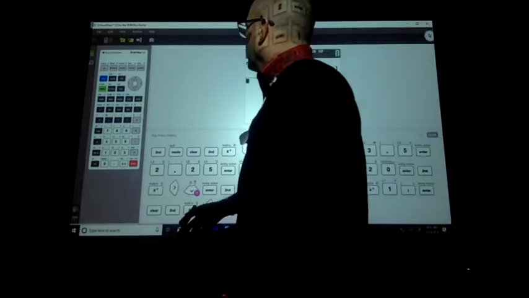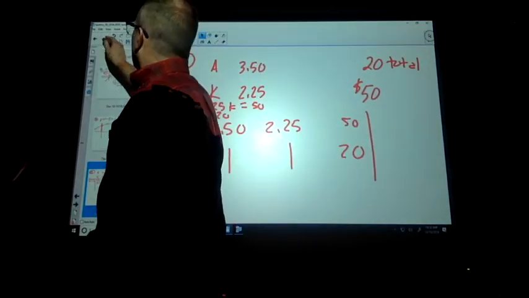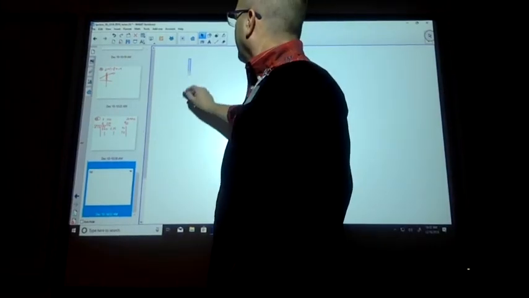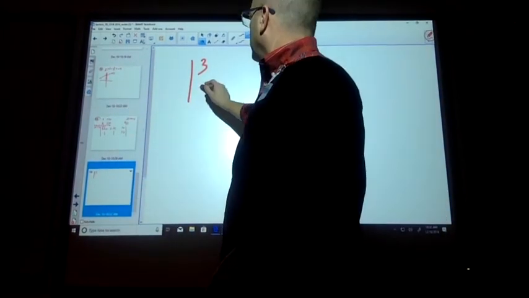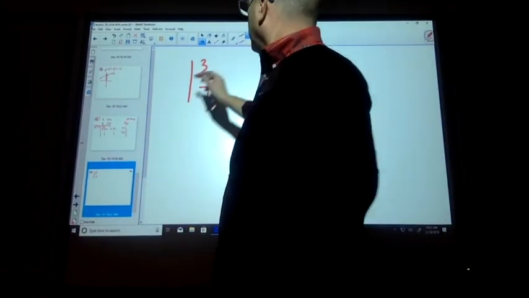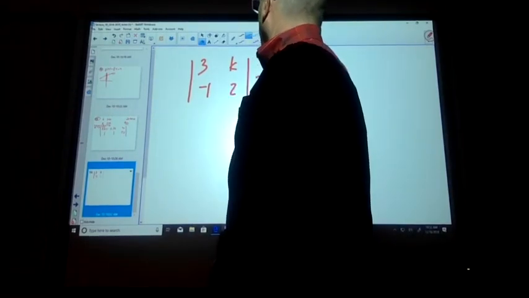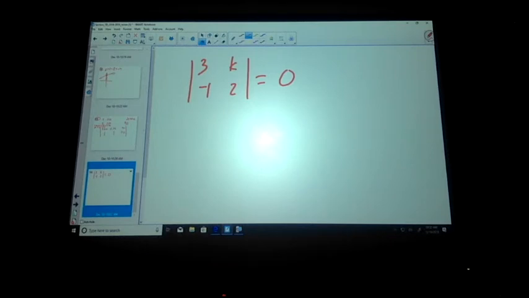Okay. All right, so they have 3, -1, K, and 2. And they said the determinant is equal to 0. So if the determinant is equal to 0, that means it does not have an inverse.